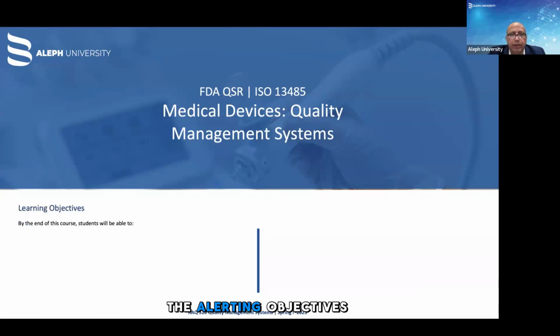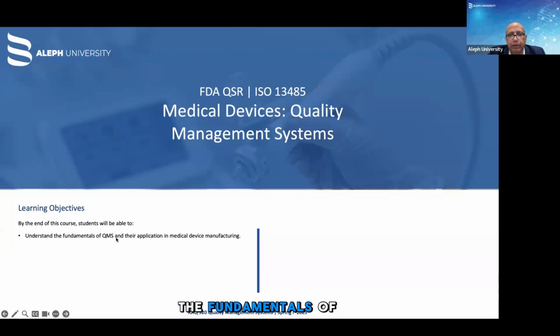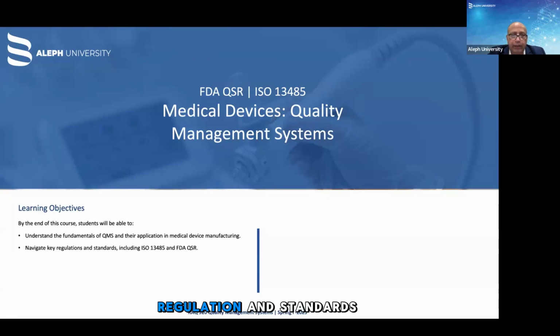So what are the learning objectives? First, understand the fundamentals of QMS and their application in medical device manufacturing. So again, QMS, Quality Management System, and their application in medical device manufacturing. Second, navigate key regulation and standards, including the ISO 13485 and FDA QSR.